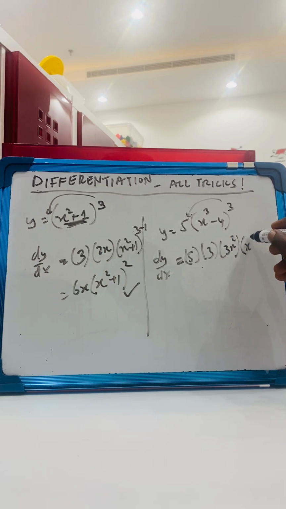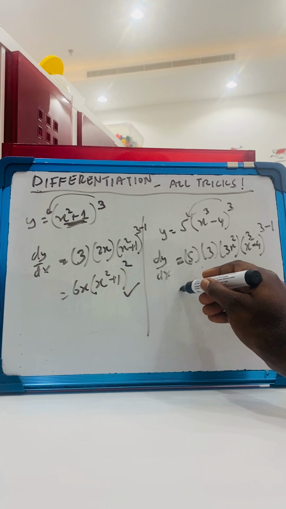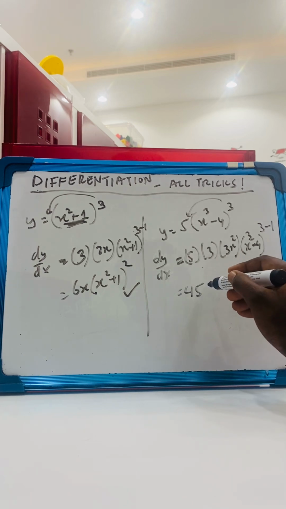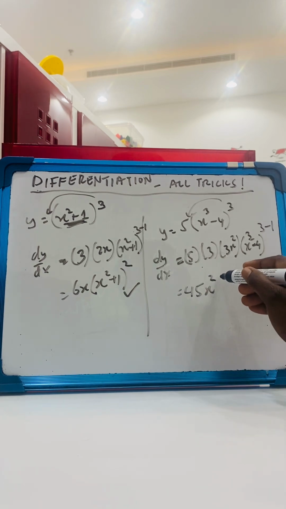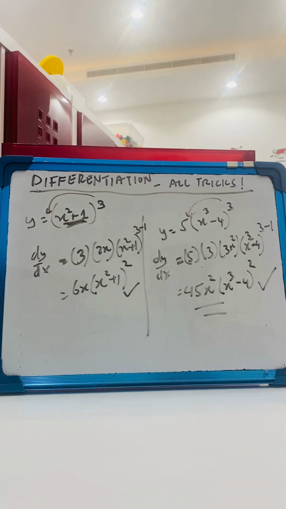Keep my bracket, x cubed minus 4, reduce the power by 1. Then I can simplify my expression. 5 times 3 is 15, 15 times 3 is 45. So I have 45x squared, x cubed minus 4, 3 take 1, 2. I'll take more examples.